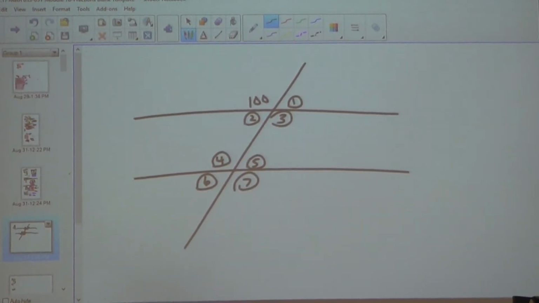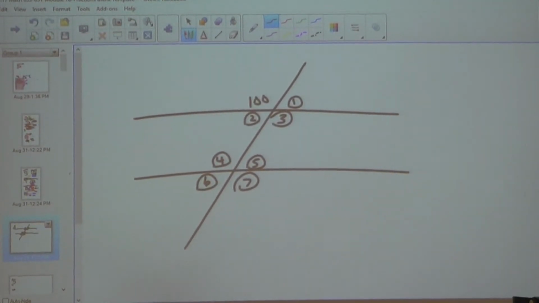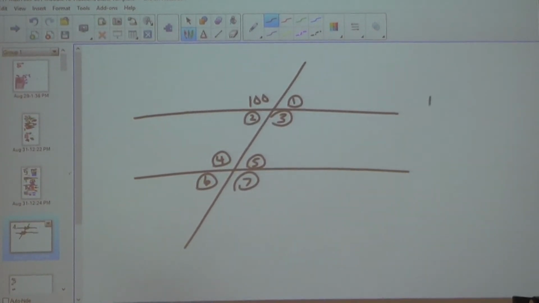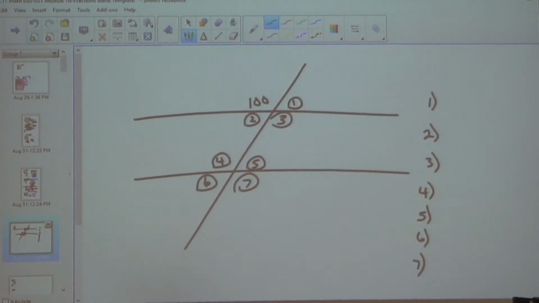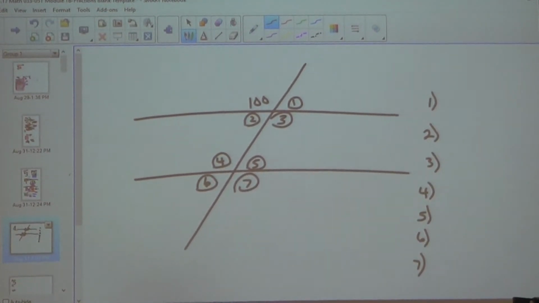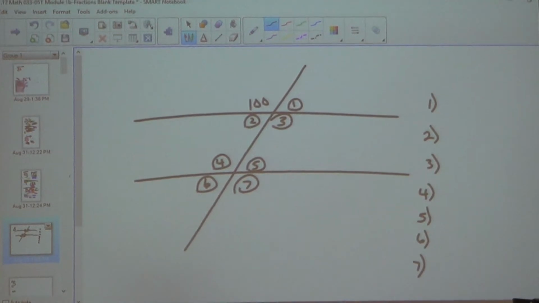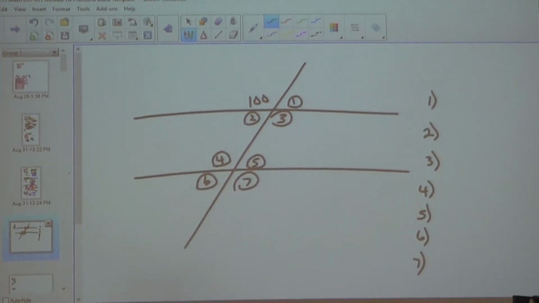Let's find all 7 angles. Yeah, this is amazingly fun. Give me a number, 1 through 7. 7. You pick a hard number.